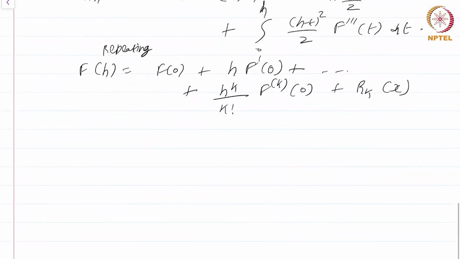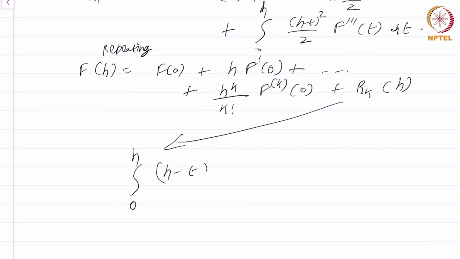And what is this R_k of h? It's a function of h. It's the integral from 0 to h of (h minus t) to the power k by k factorial times the (k plus 1)th derivative of f at t, dt.